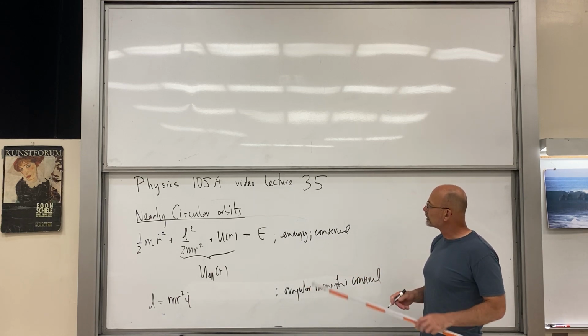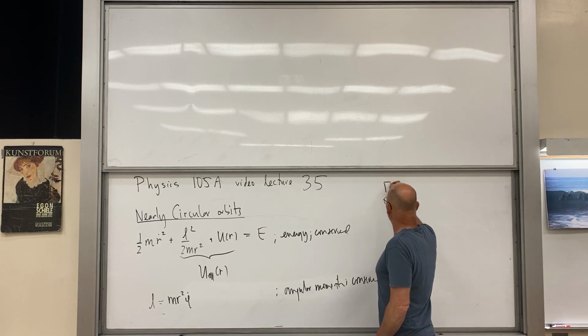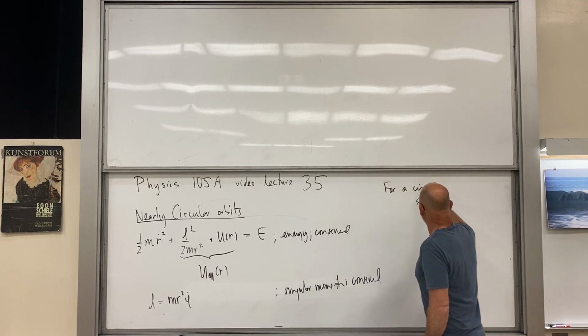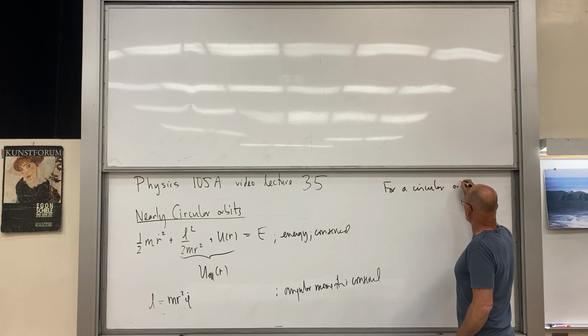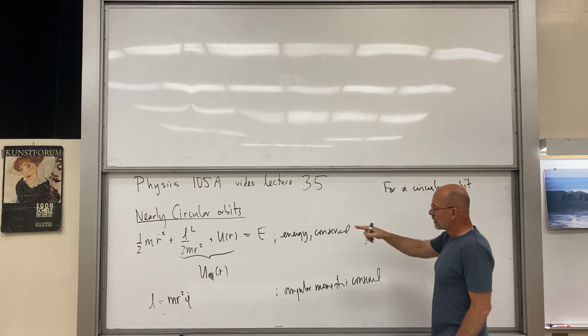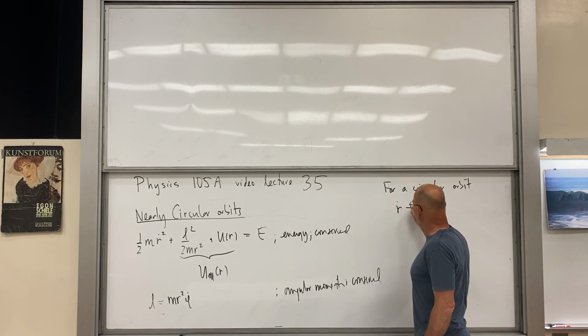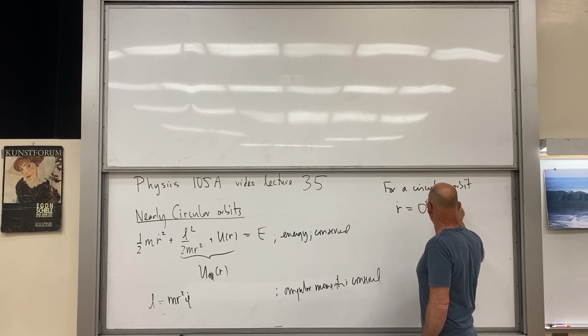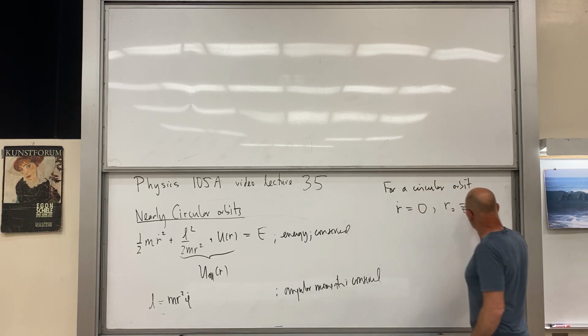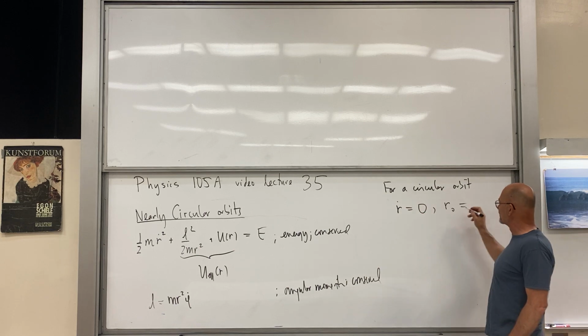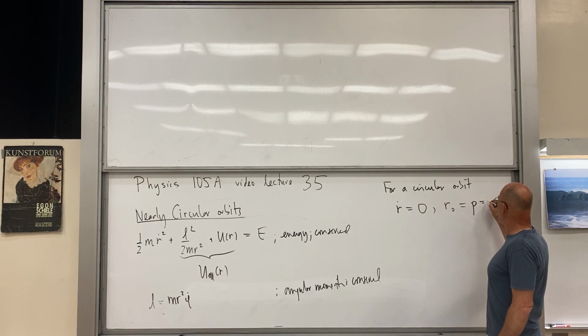Now for a circular orbit that we talked about last time, we of course have r dot is equal to 0, and r0, we have of course had that from the Kepler problem, L squared over m alpha.